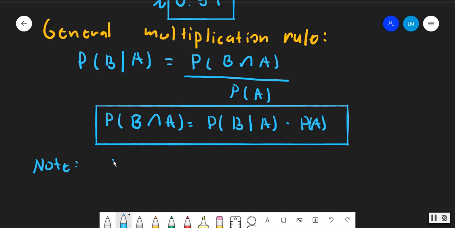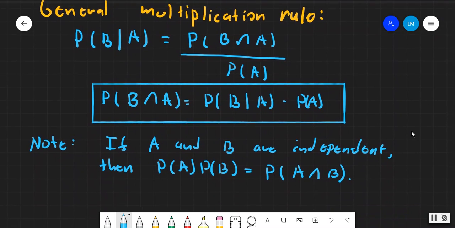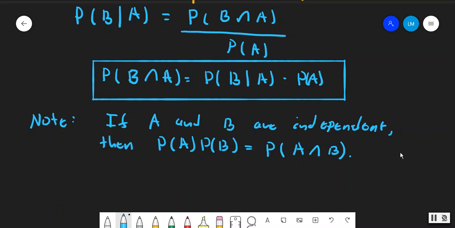So if A and B are independent, that means that P of A times P of B is equal to P of A intersect B. If that's the case, this really does change your formulas somewhat.